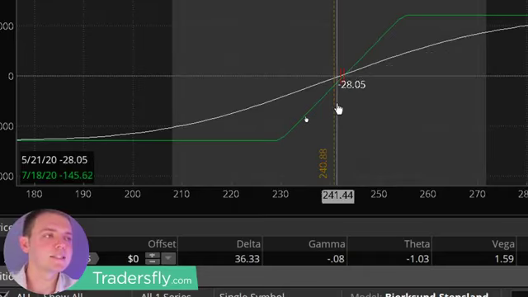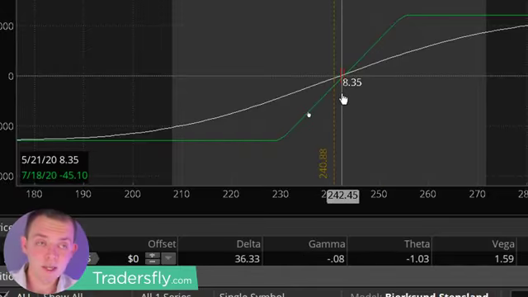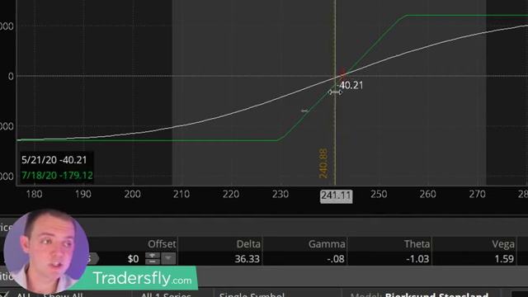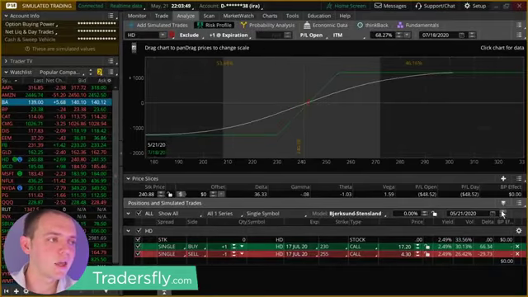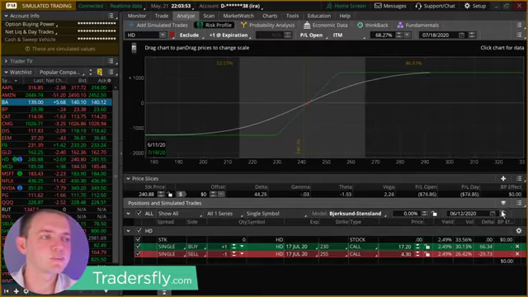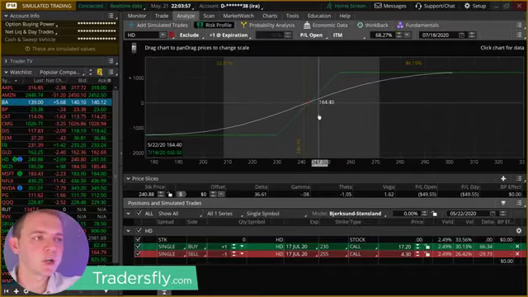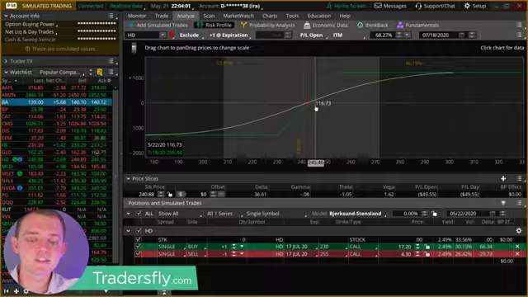But the problem is you've got to have the stock move up a little bit and then hold there and then expire there. That's how you make your full potential. The white line is today, the green line is at expiration. So slowly with time, that white line will get closer to your expiration. And that's really what we're doing with this spread construction. So that's one way to set up a vertical spread. You kind of balance it 50-50.